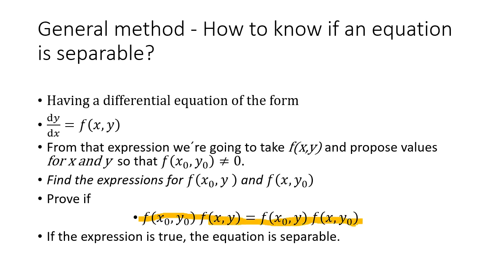If the expression is true, the equation will be separable. But if the expression is not true, the equation won't be separable. So right now we're going to be explaining this method using an example.